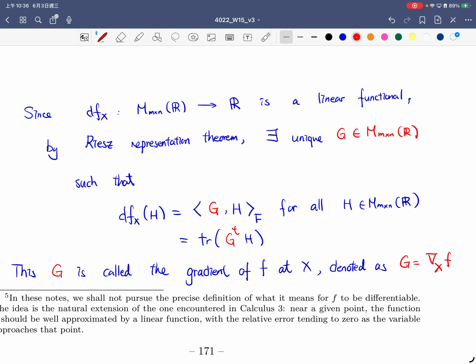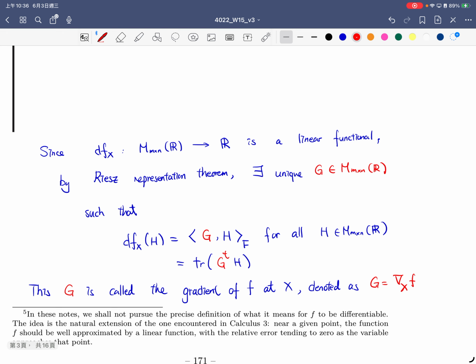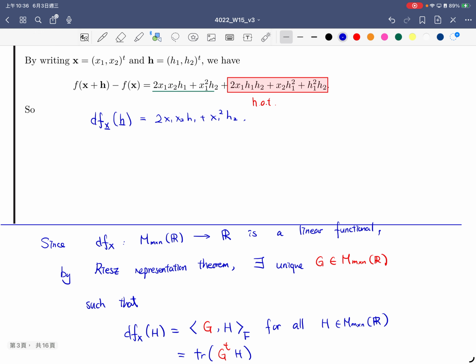And now, so far, it may sound a bit abstract. However, if you look back at the example above, we discovered the derivative is equal to this linear function over here. And then, what is the gradient vector?